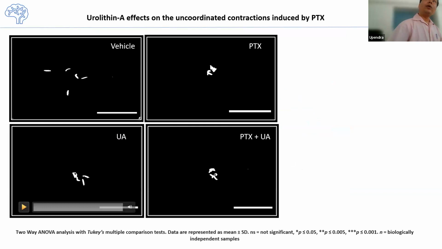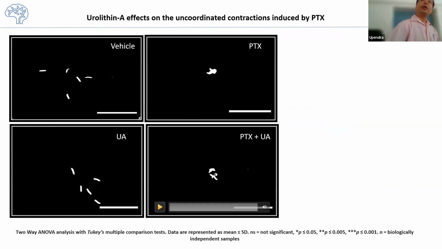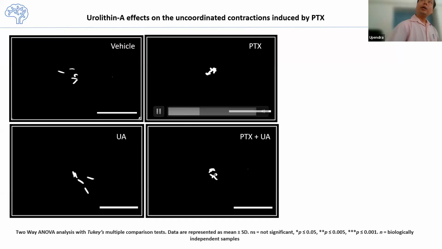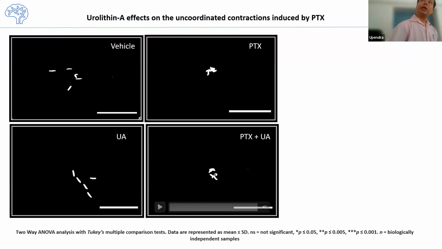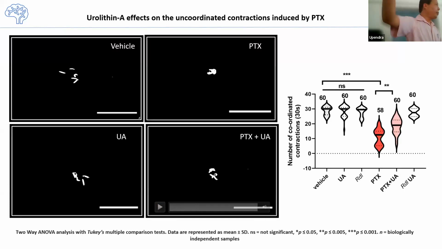Now one of the compounds from the pomegranate is called urolithin A. Now in this epileptic condition, if you provide urolithin A, look at it here, it recovers. Okay, so the simple readout, and then of course you can quantify these details, so that you can see that they recover.